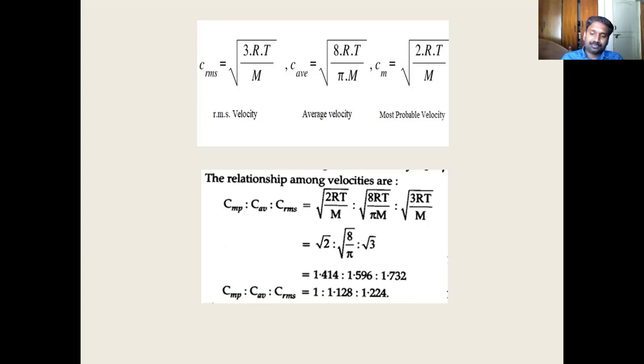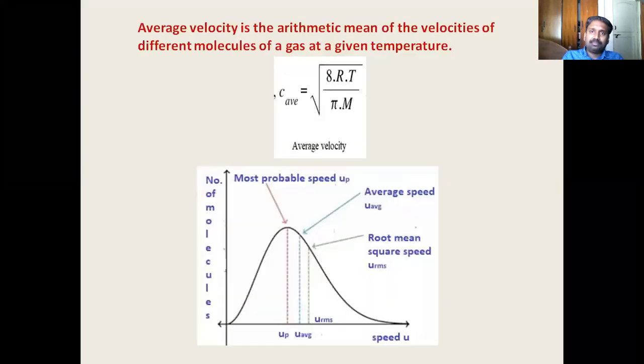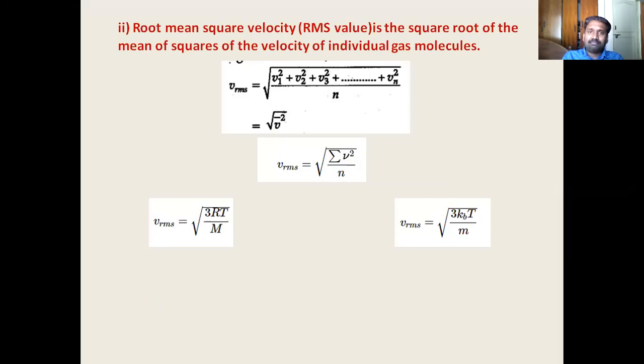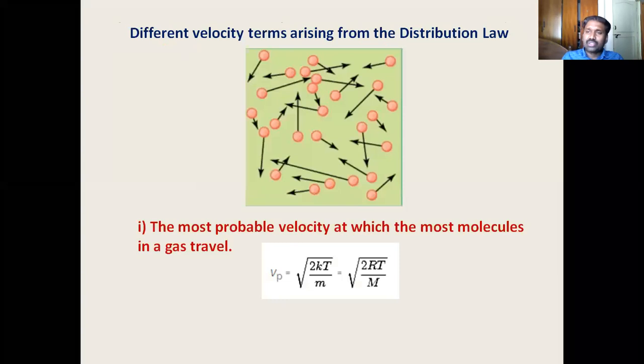I think I've explained to you the different types of velocities. In our next class, we will solve numerical problems on this. In our whole discussion, I haven't solved a numerical problem yet.